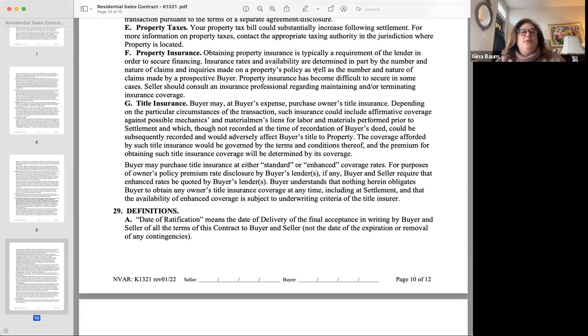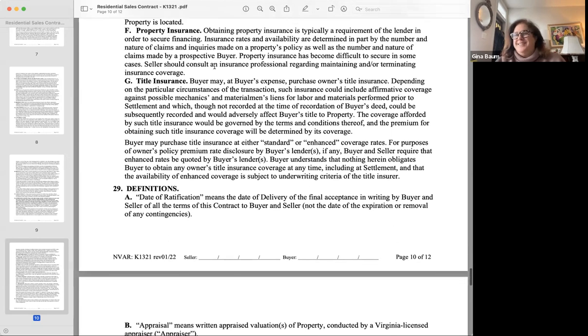Property taxes, believe it or not, your property tax could substantially increase following a settlement. And I would caution buyers, it almost always does go up. Property insurance: obtaining property insurance is typically a requirement of the lender in order to secure financing. Insurance rates and availability are determined in part by the number and nature of claims and inquiries made on a property's policy, as well as the number and nature of claims made by a prospective buyer.